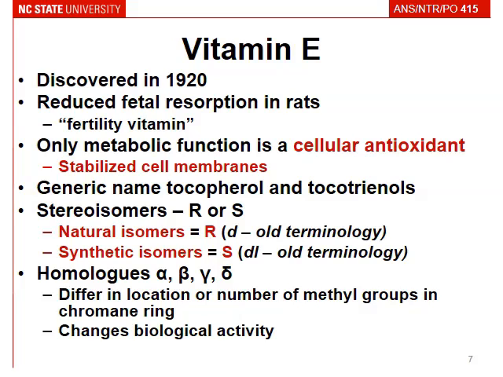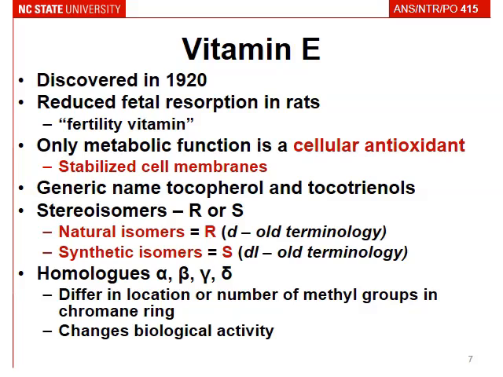A lot of our vitamins were really unknown until the early to mid 1900s. A lot of them were discovered from the University of Wisconsin in Madison. So it was shown that vitamin E reduces fetal resorption in rats. So initially it was called the fertility vitamin.